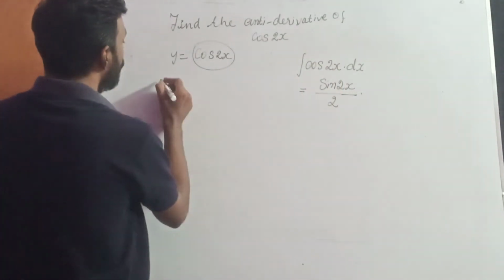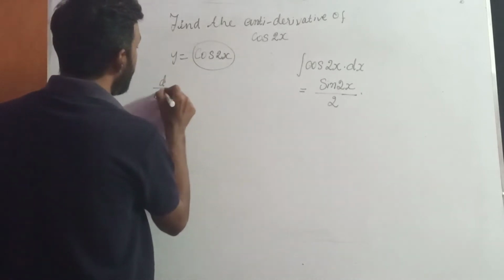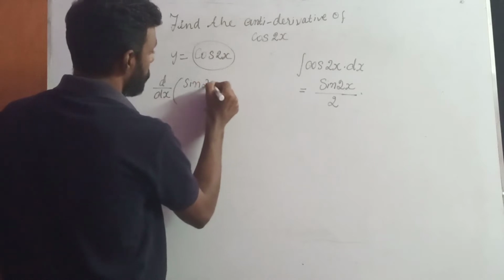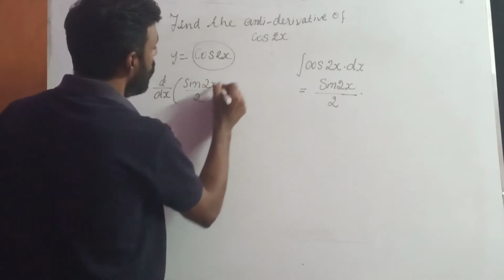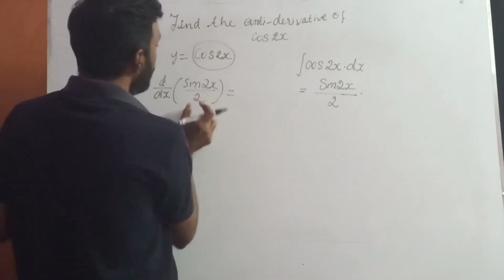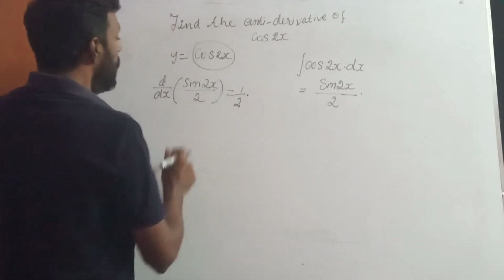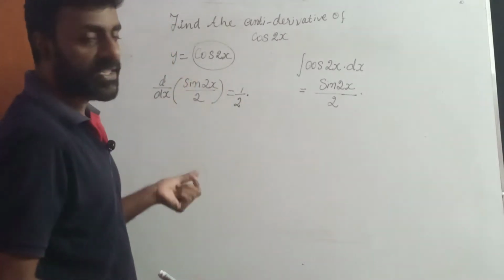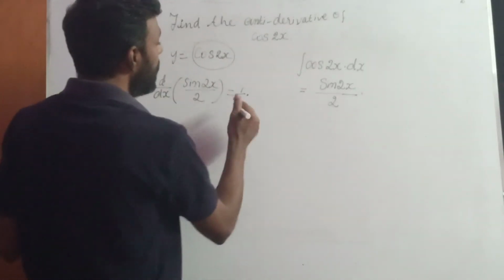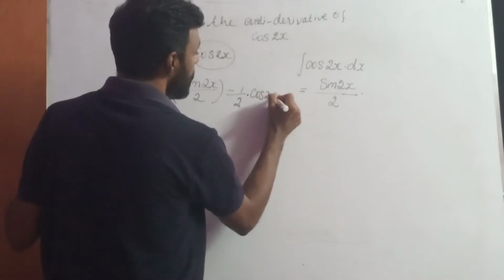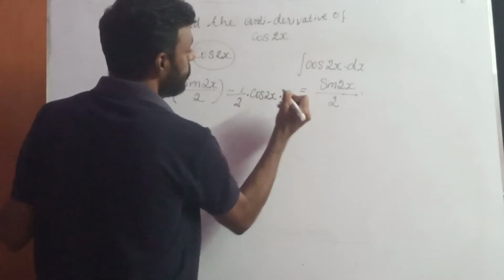So for example, if I put d by dx of sine 2x divided by 2, what will be the result? I need to take this half outside, 1 by 2 into differentiate sine 2x. If you differentiate sine 2x, it will be cos 2x into 2, right?